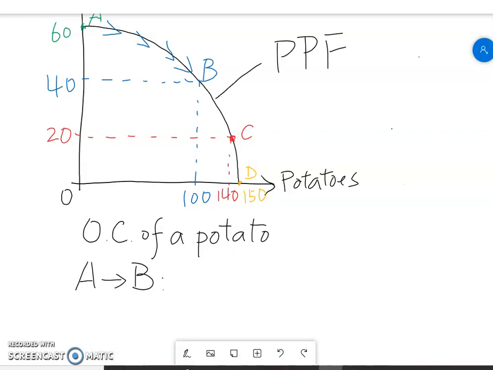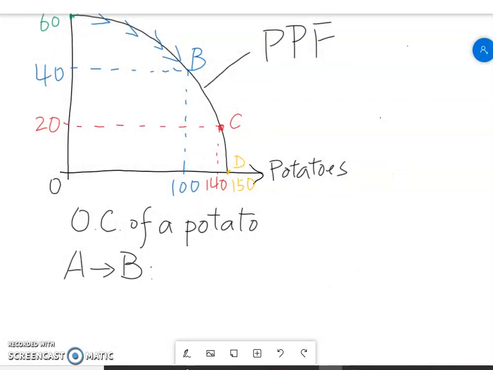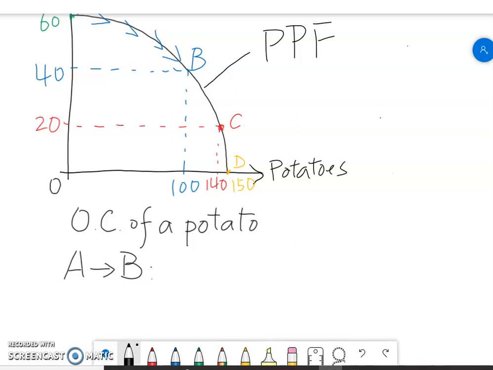So what would be the opportunity cost of a potato when the economy moves from A to B? We know from the graph that from A to B, the economy used to produce 60 cars. Now it produces only 40 cars. In other words, it gives up 20 cars during this process, right? So it's 60 minus 40.